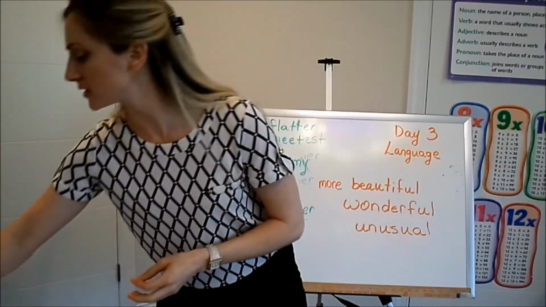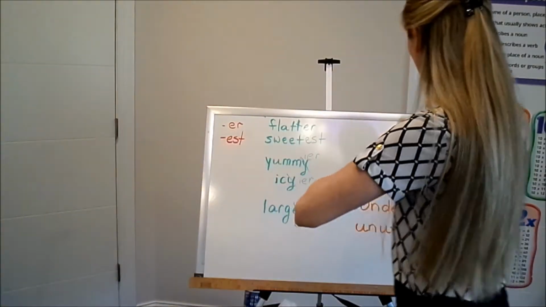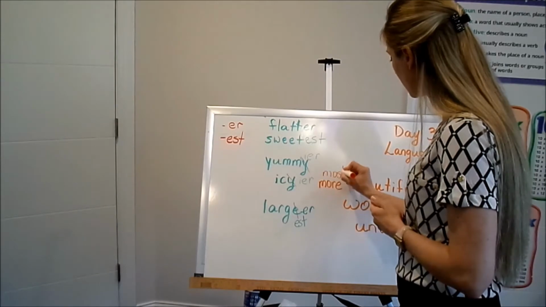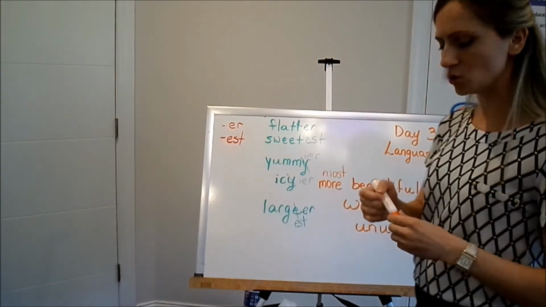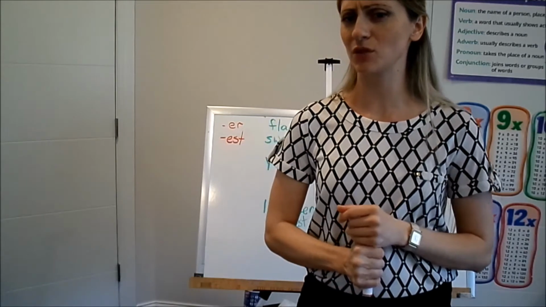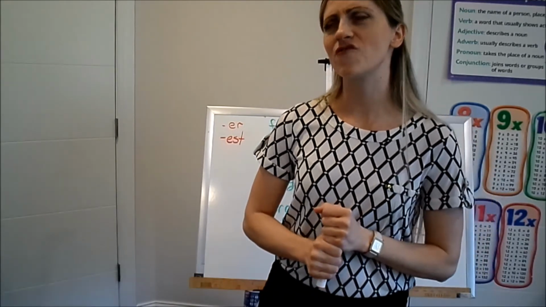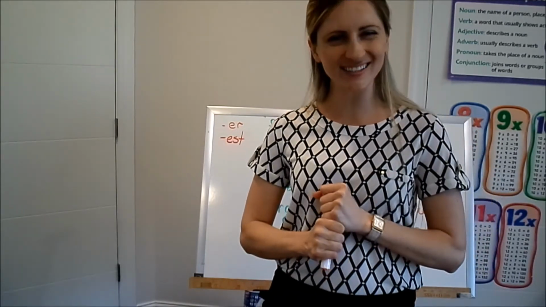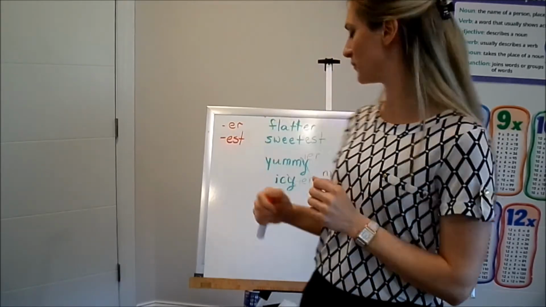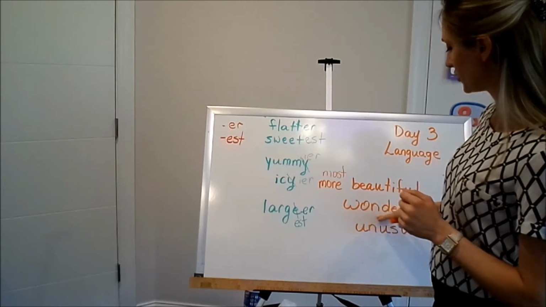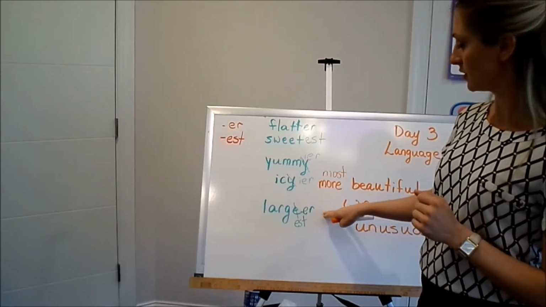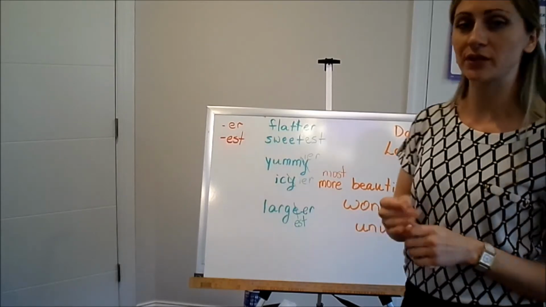So let's add this onto here. More or most? Okay, here's the word wonderful. Can you use the suffix er and est when comparing something wonderful? Can you say wonderfuler, wonderfulest? That doesn't sound right. What word can you add to the adjective to change wonderful when comparing things?